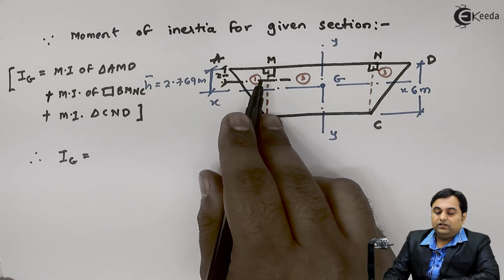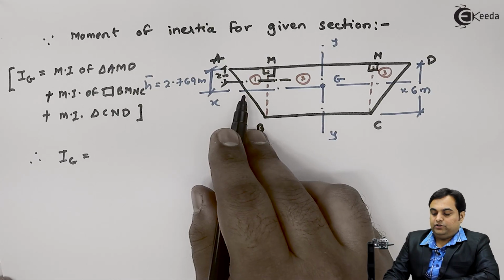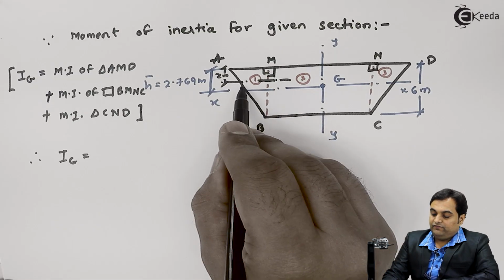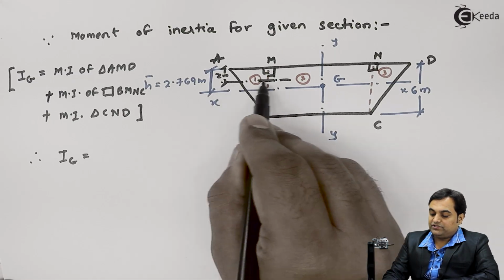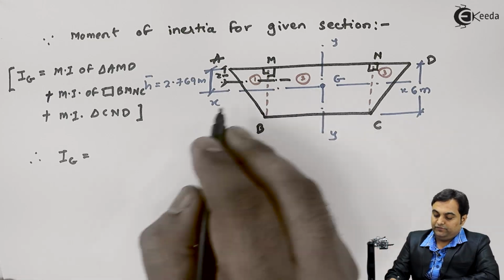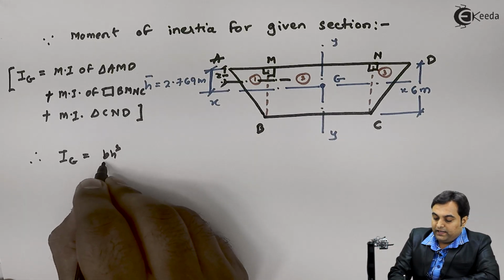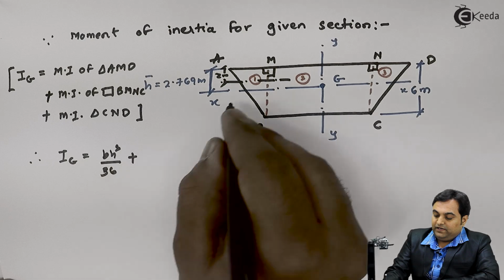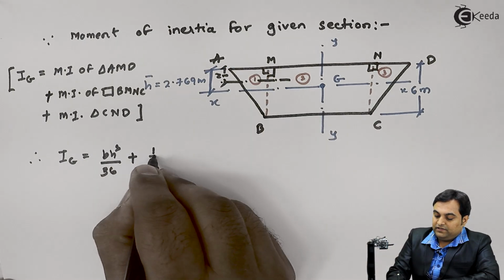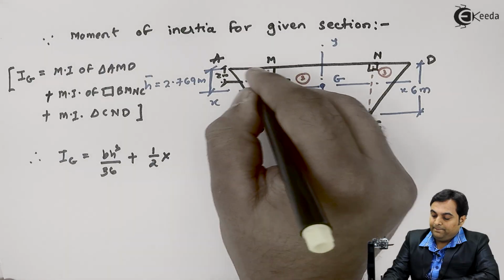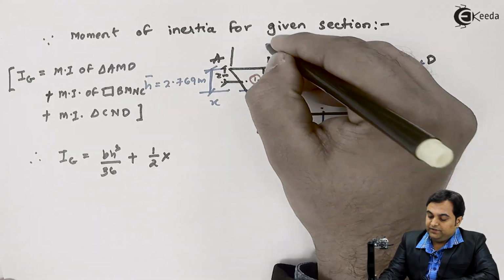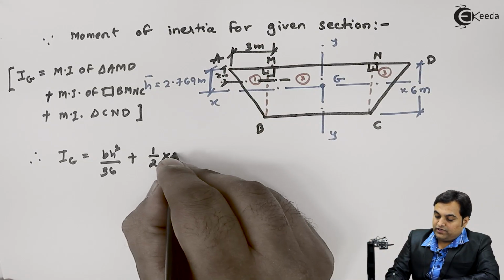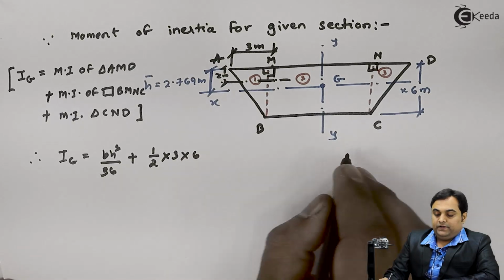Now for the triangle, we are applying the parallel axis theorem because there is distance between both the axes, and for that, first we calculate the moment of inertia about this centroid, and about the centroid the moment of inertia is bh cube by 36 plus the area of this triangle, that is half into base, which is 3 meter, and height is 6, so half into 3 into 6 into h.